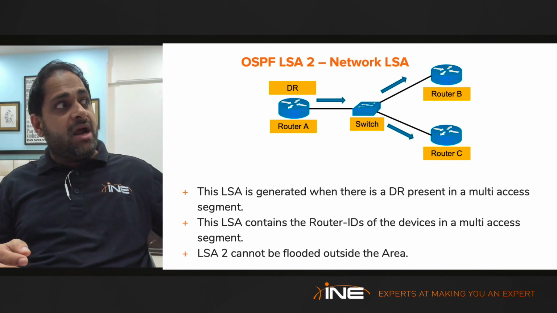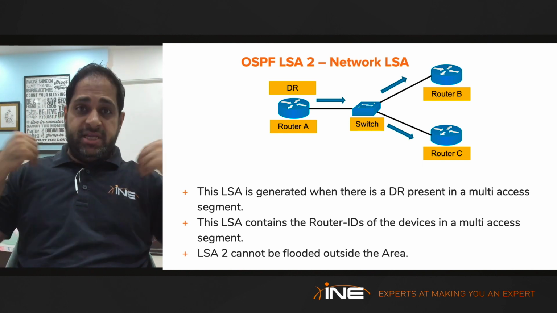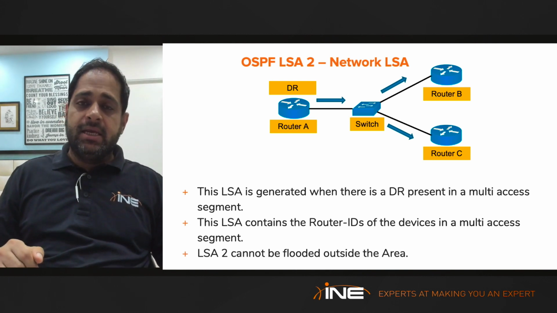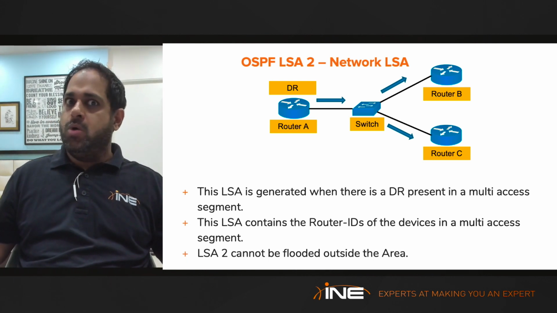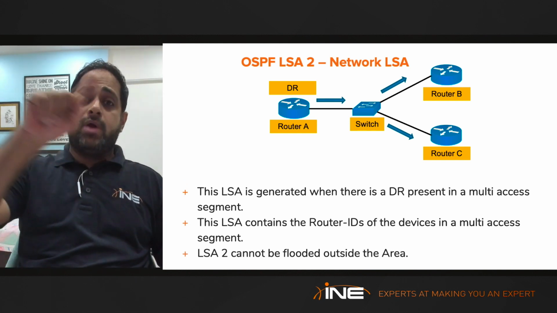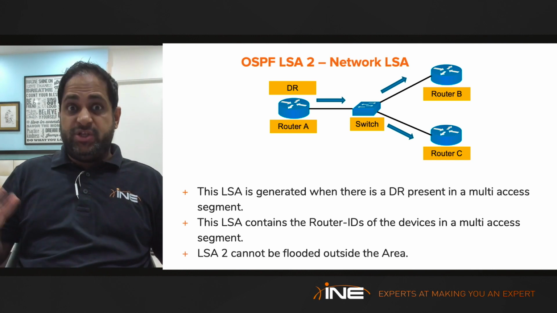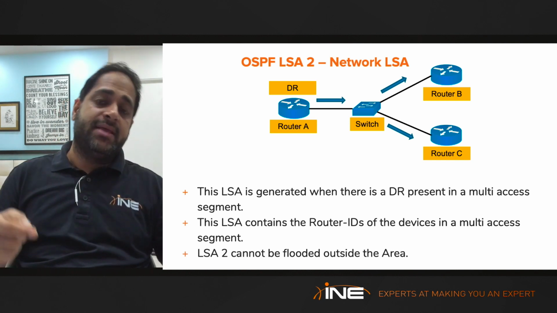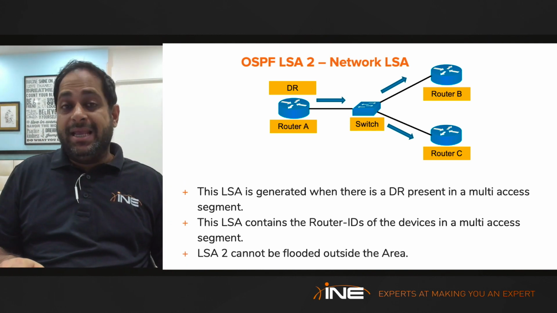So if the DR other wants to give an update, he would give the update to the DR, and the DR would give it to everyone else. So the prefix information is still LSA1. LSA2 only contains the list of all the routers connected in that broadcast environment, which is basically 3 routers, you, me, and that third router. So the router ID information would be basically in LSA2.